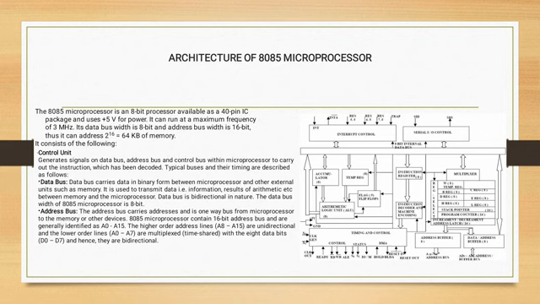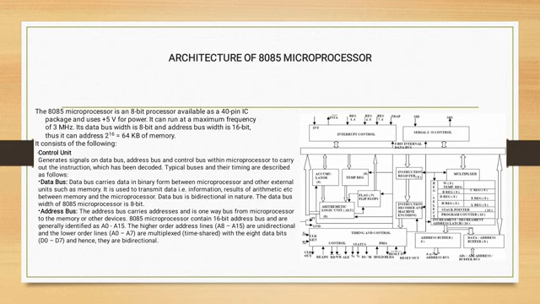The accumulator is an 8-bit register associated with the ALU. If we see this diagram carefully, we can conclude that the accumulator is connected with the ALU, which is known as the arithmetical and logical unit. It is used to hold one of the operands of an arithmetical and logical operation.